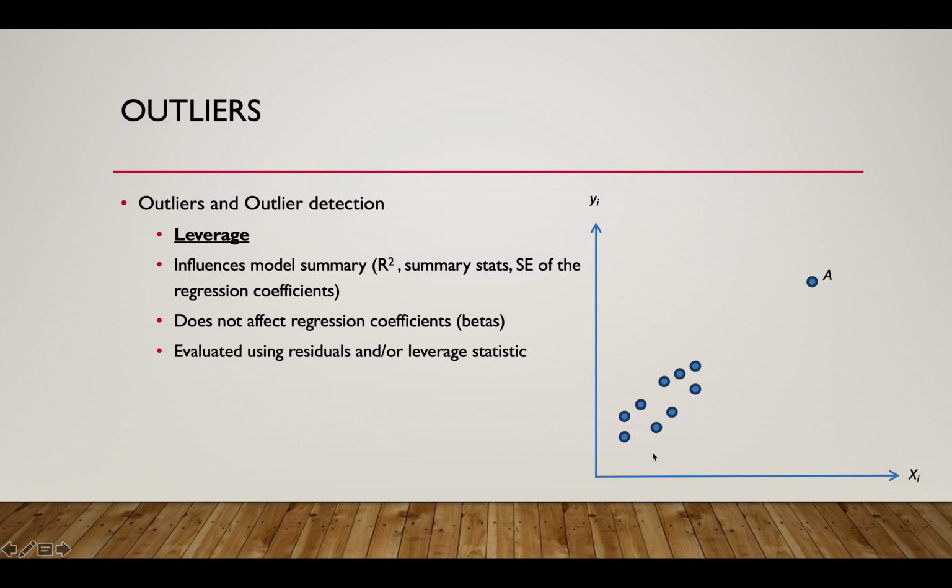Now this tends to fall in our linear model, and we're going to do something here in a little bit to make an example of this. You can see that observation A, or person A, falls on this line, but they're way out here. This actually doesn't change our regression coefficient at all. Our regression coefficient would stay roughly the same.